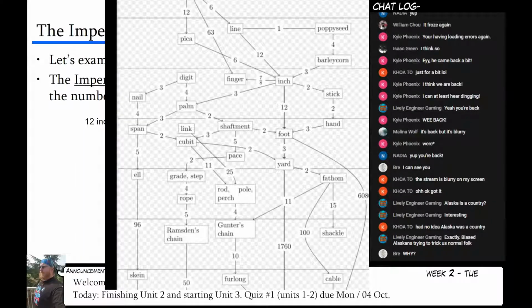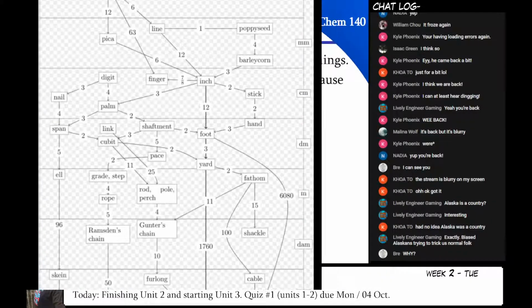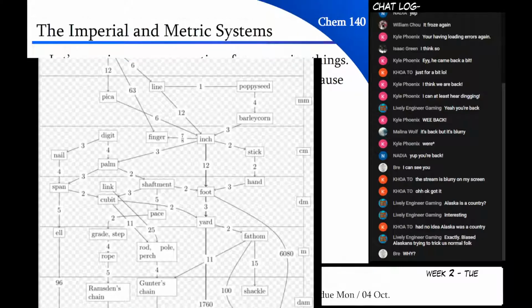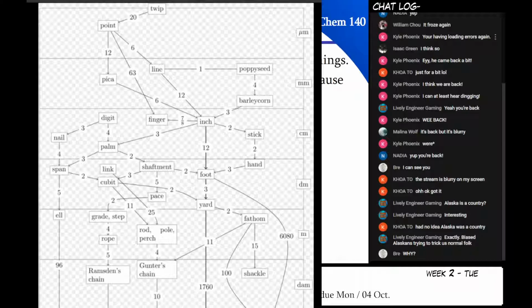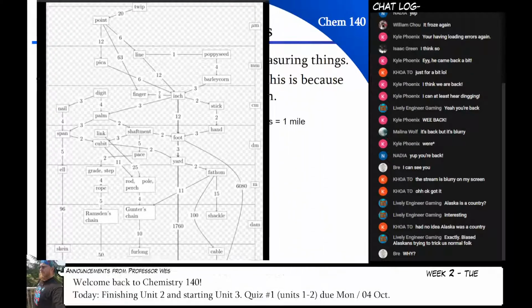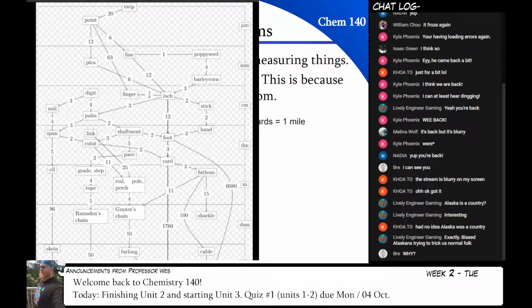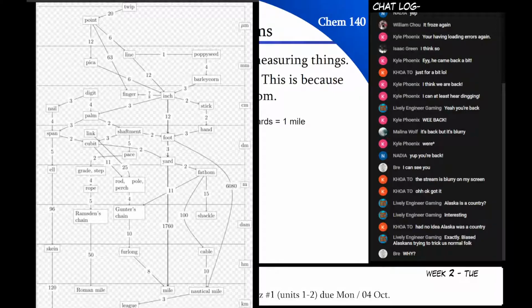Let me make this a little wider so you can see it here. But, like, this is so stupid. This is all length. In fact, you can't really see it all because it's just too tall for the screen here. This is length! What the hell?